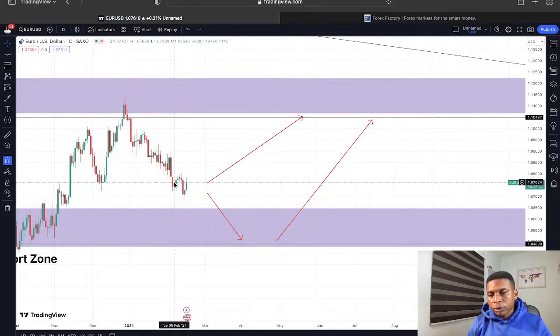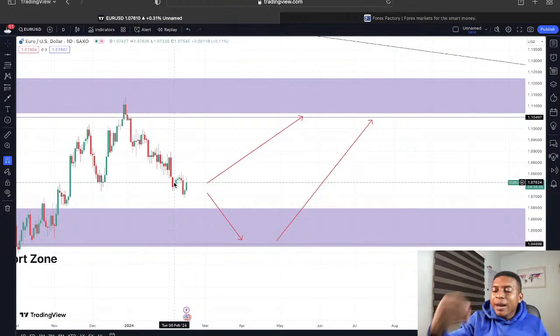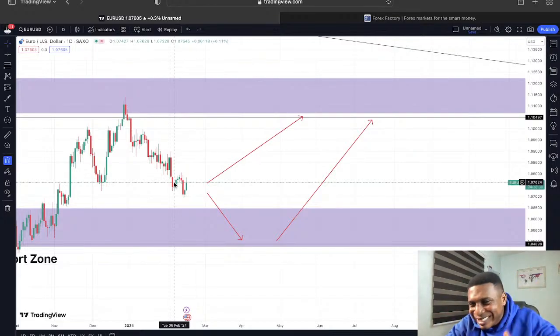So looking at a top-down approach now, we are able to see what is happening at the most recent time, what is happening with the most recent events.